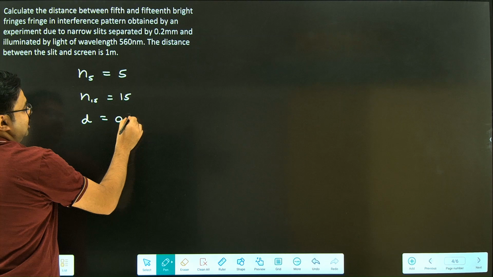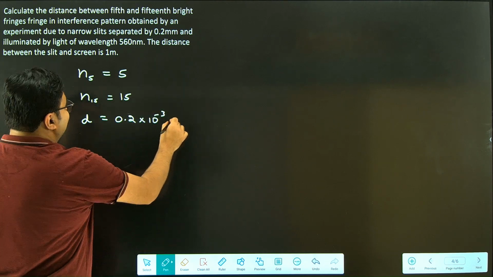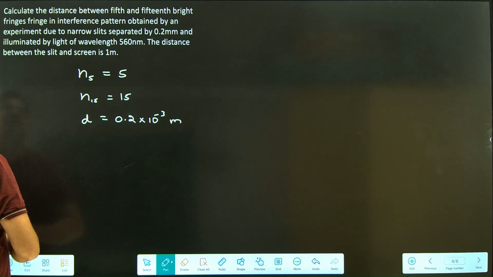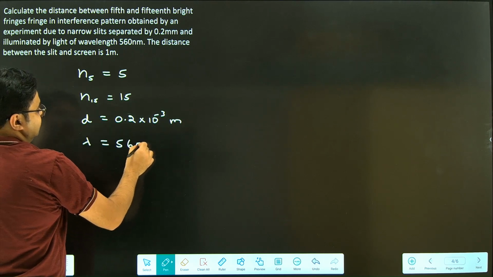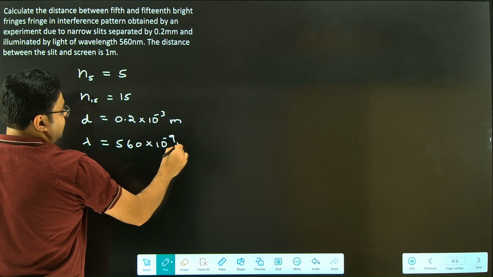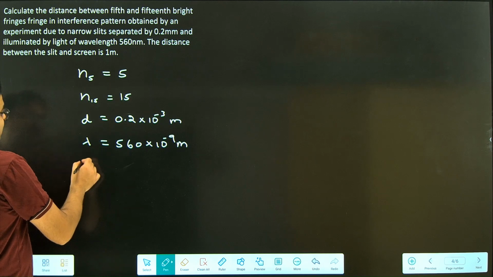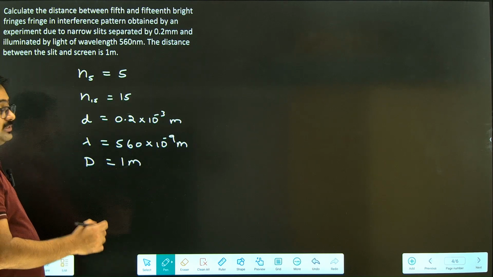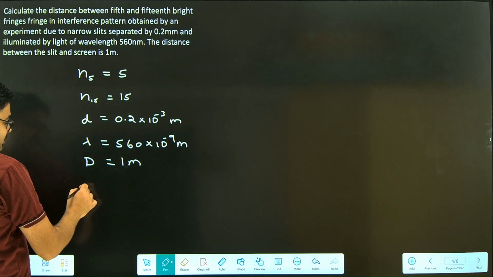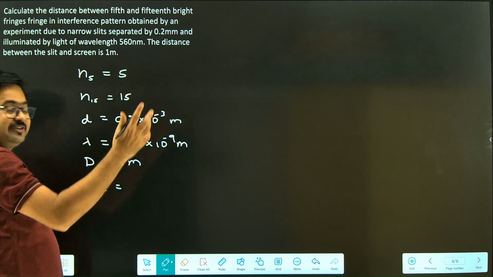Small d is 0.2 millimeter, milli is 10 to the power of minus 3 meter. And it is illuminated by a light of wavelength 560 nanometer, nano is 10 to the power of minus 9 meter. The distance between the slits and the screen is 1 meter. We need to find the distance between the 5th bright fringe and the 15th bright fringe.